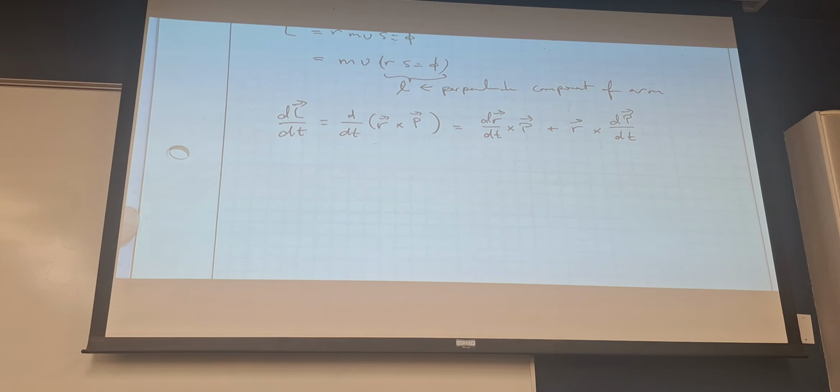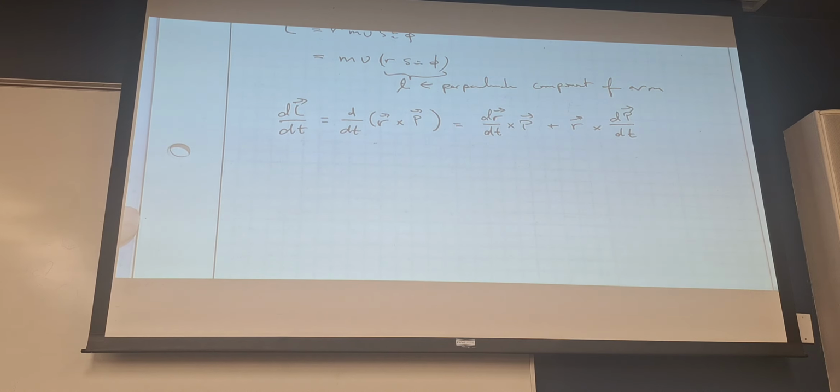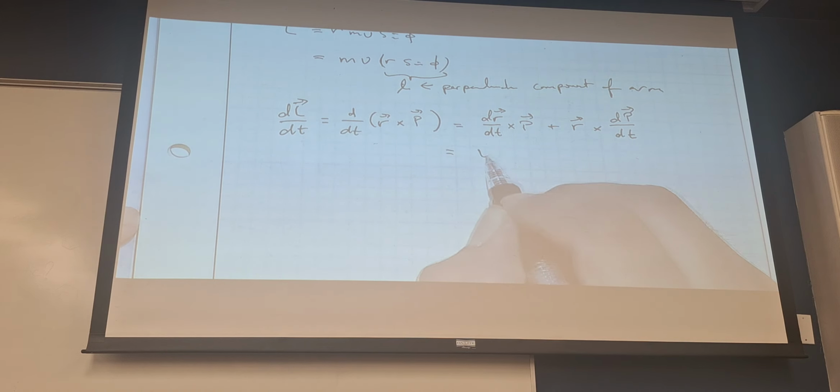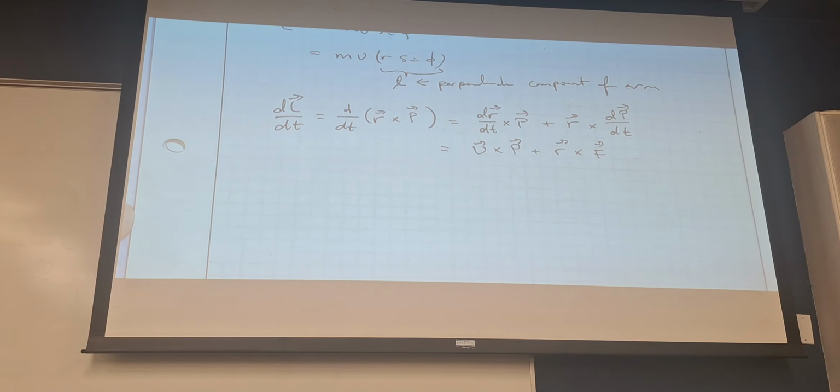You treat it just like how you would treat a multiplication. You just do the derivative out like normal. This here is v cross p plus r cross F. v and p are in the same direction, right?